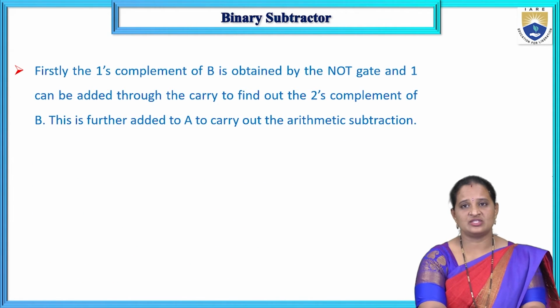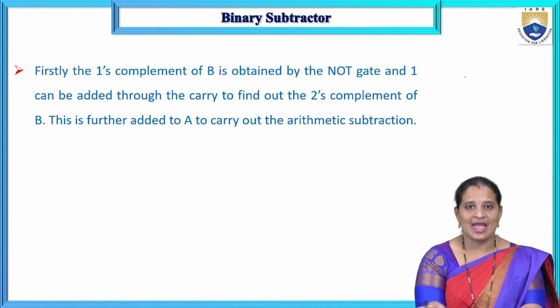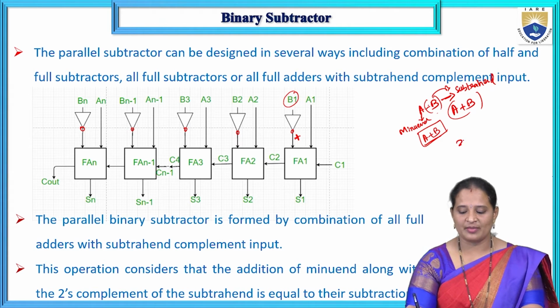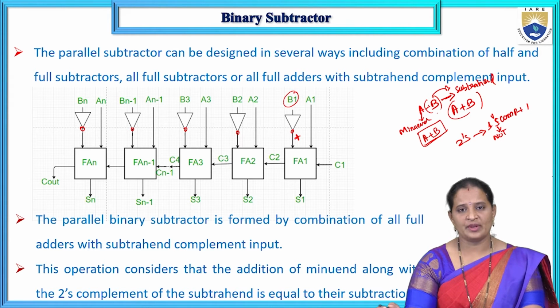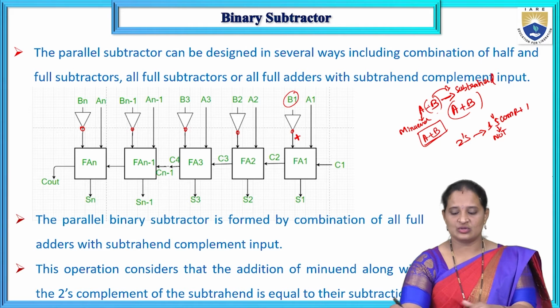So firstly, the one's complement of B is obtained by using a NOT gate, and 1 can be added through the carry. So here I want to get the 2's complement. What is 2's complement? 2's complement is nothing but 1's complement plus 1. How can I get the 1's complement? By using a NOT gate. What is the operation of a NOT gate? It just complements 1's to 0's and 0's to 1's.